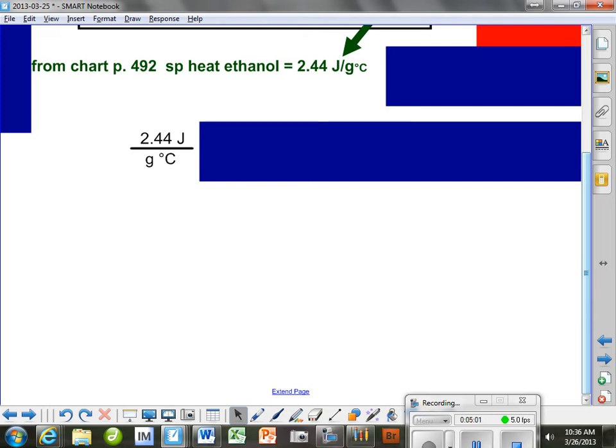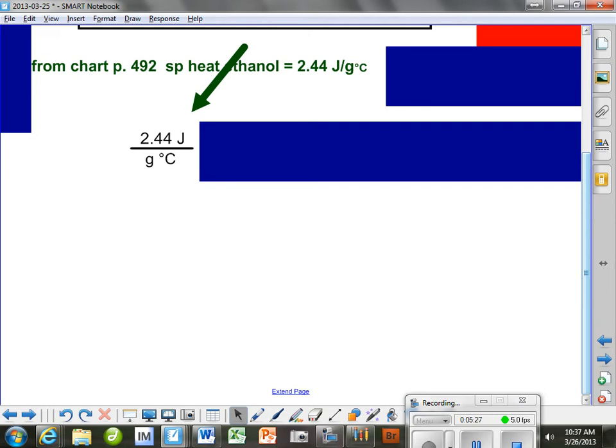And what is on the bottom? What's the number that goes with joules? 2.44 joules would be on the bottom. You see, you have to keep these guys together, as do these guys. Okay? So that's good. You learned something, didn't you? Yeah. Excellent.